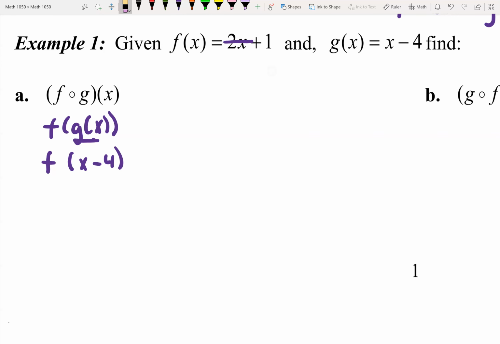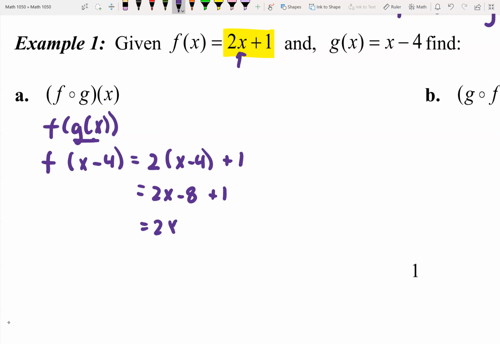Here's this f of x right here. And right there where I see x, I'm going to put in x minus 4. So you go 2 times x minus 4 plus 1. Distribute the 2. You get 2x minus 8 plus 1. That gives you 2x minus 7, and that's your answer.